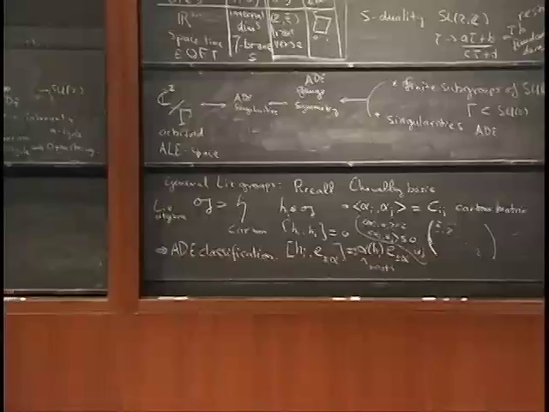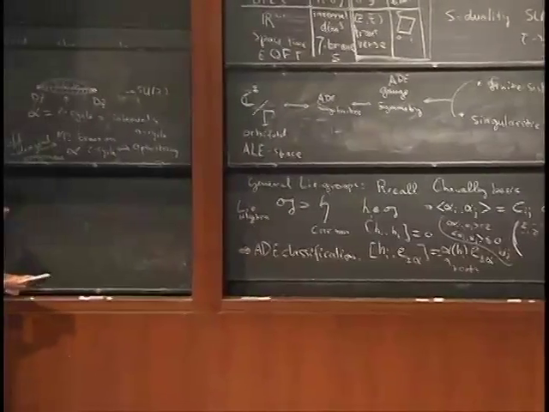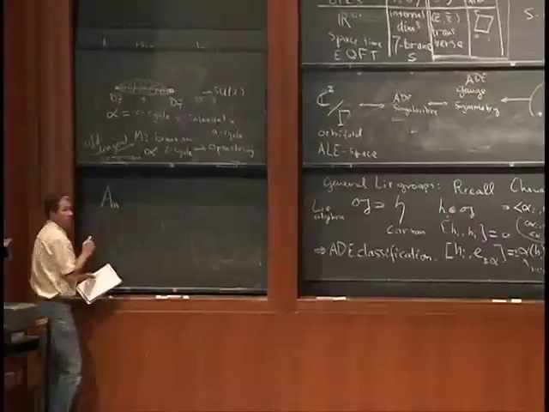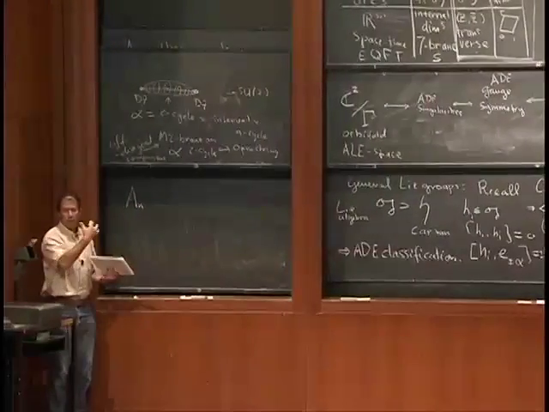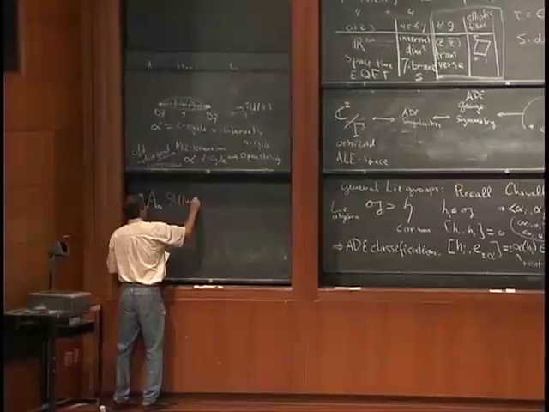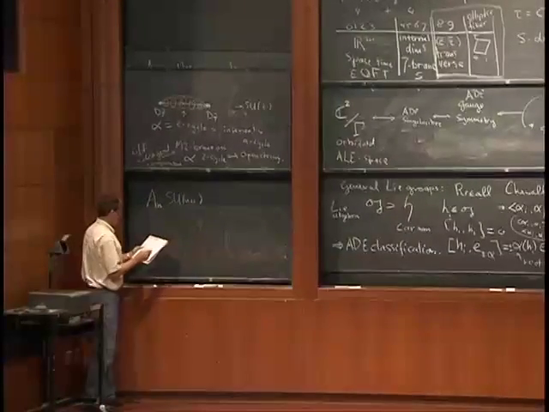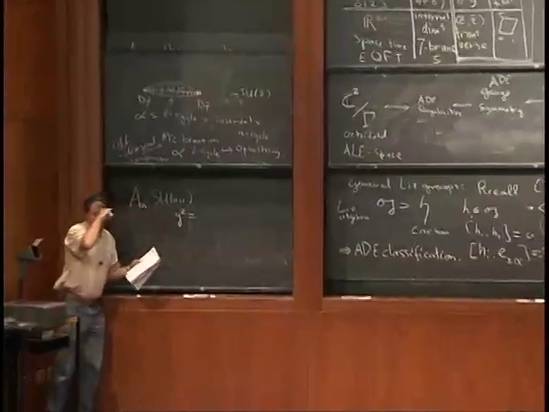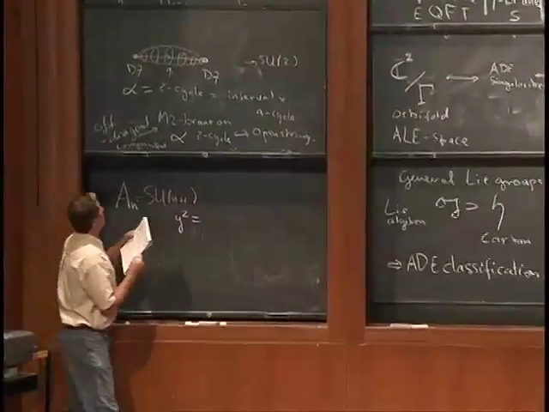So let me tell you what ADE singularities are. We'll just give you the equations for now. So there's a class known as AN singularities. Now the AN groups are the SUN group, so this is SU(N+1) in terms of the Lie algebra. But there's also a singularity associated with it. And what's meant by a singularity is an equation that looks a little bit like the equation that I had before.